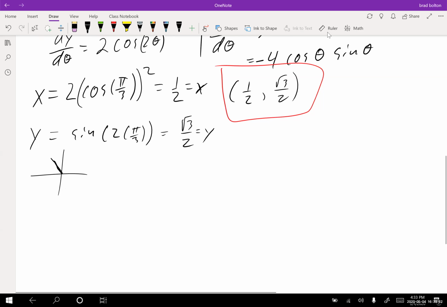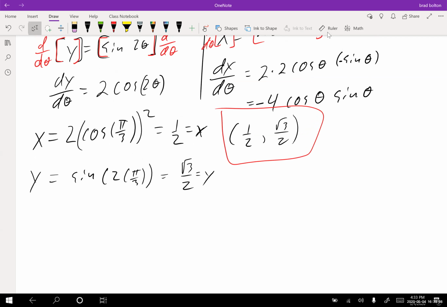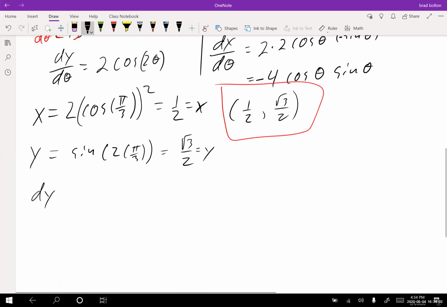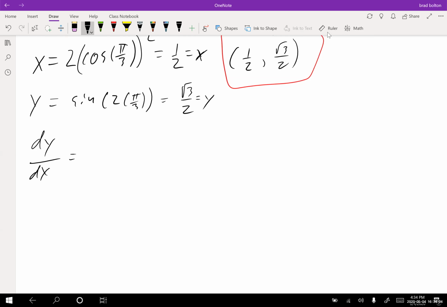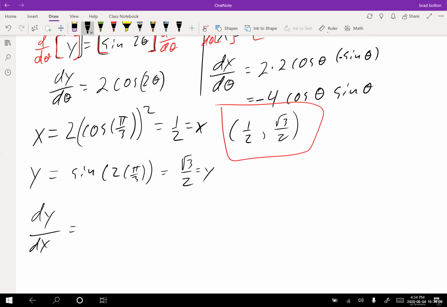Now, we have to do our dy d theta divided by dx d theta. So dy dx is equal to dy d theta, which would be 2 cosine 2 theta, divided by dx d theta, which would be negative 4 cosine theta sine theta.